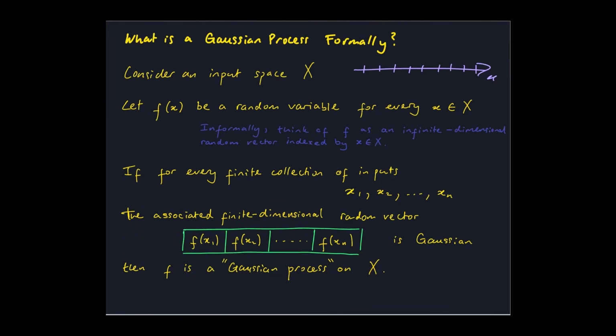Legitimately, it is a random vector because we're inspecting the function on a finite set of inputs. And if this random vector is Gaussian for any finite collection of inputs, then we would say that f is a Gaussian process. So this is the formal definition of a Gaussian process. It's an infinite dimensional object where if you take any finite inspection of that object, it's a Gaussian vector, which is related to what we were talking about on the previous slide.